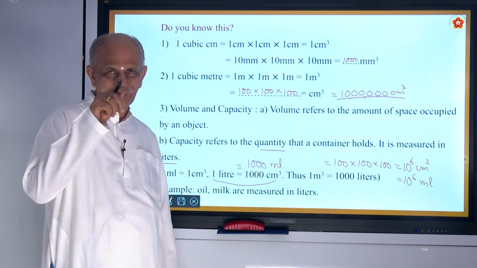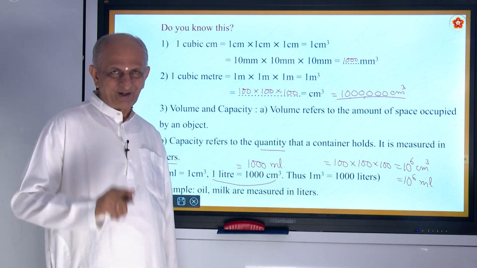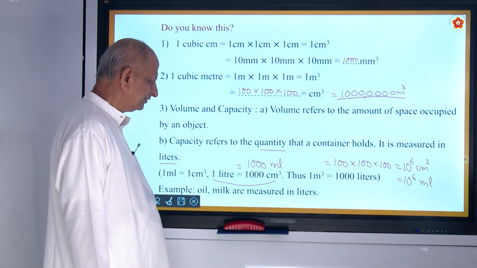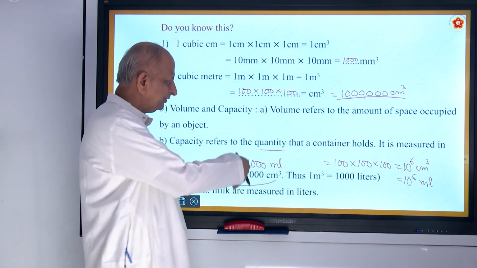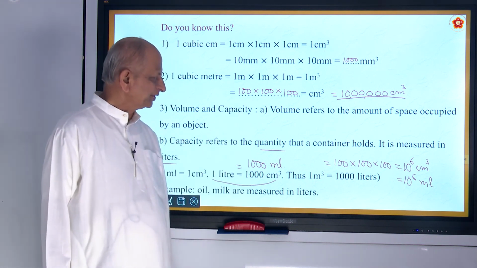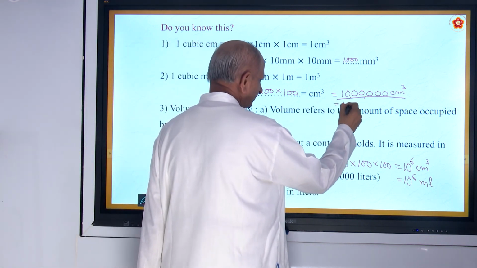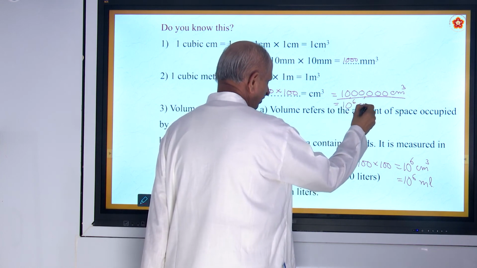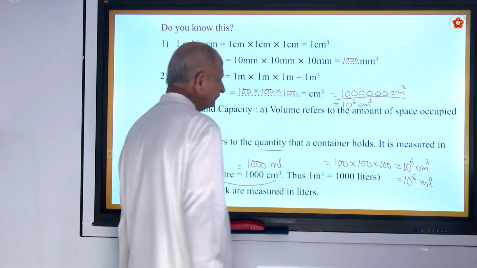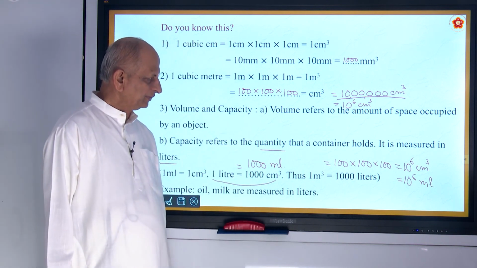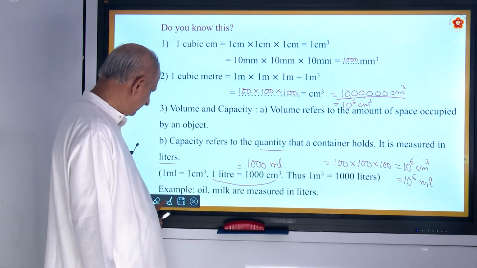They write that 1000 ml or 1 liter, 2 liter, like that, water bottles. So this is our daily life, we are using these words. That's why it is given. So here you can write it as 10 to the power of 6 centimeter cube. Okay. So just for your information, now we will see home assignment.